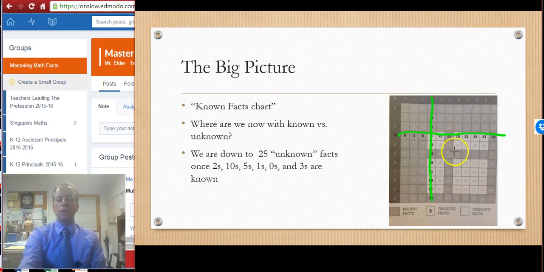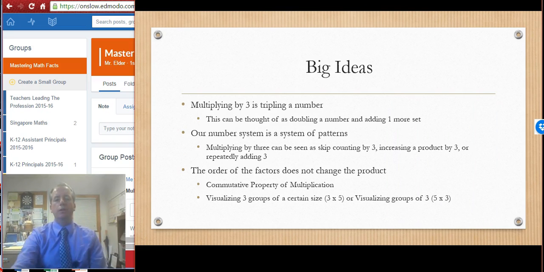So you start to see that the unknown facts start to shrink. We had 36 unknown facts coming into knowing our 3's, and once we know our 3's, we're down to 25 unknown facts at this point. So it becomes a little bit more manageable, again helping our kids realize that it's not all these facts. We're able to narrow this down quite a bit as we move through.